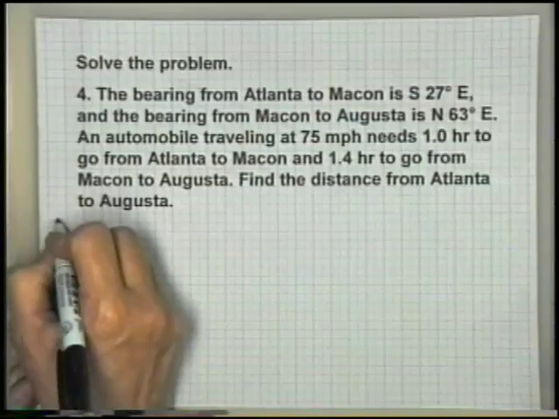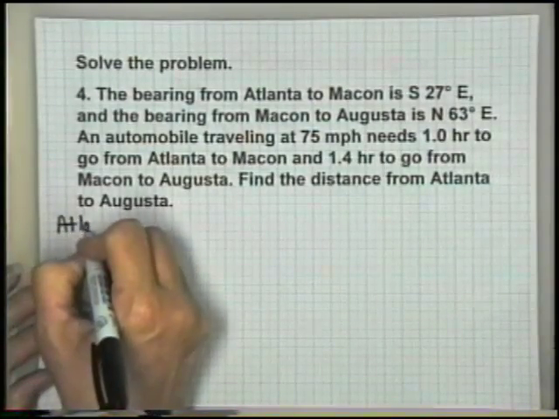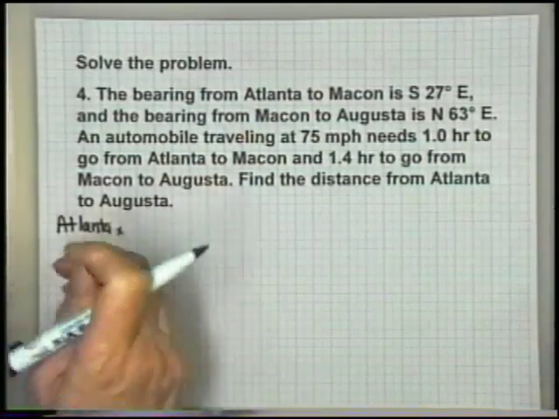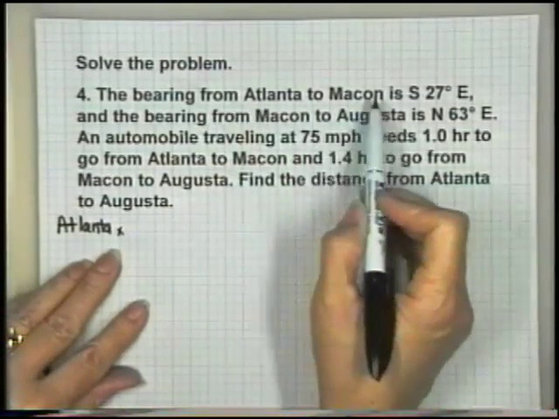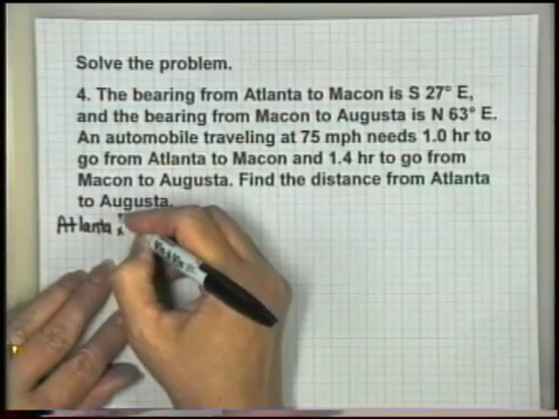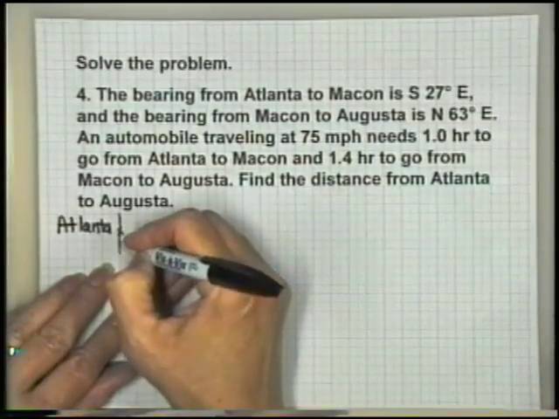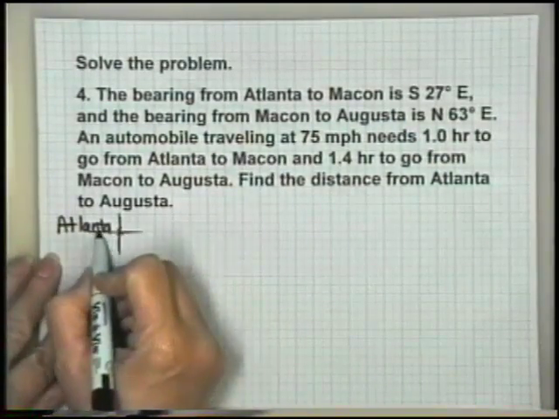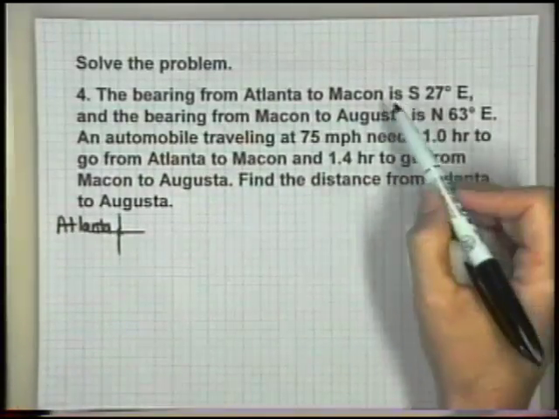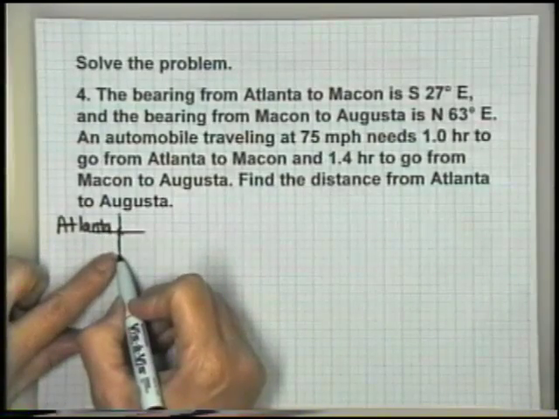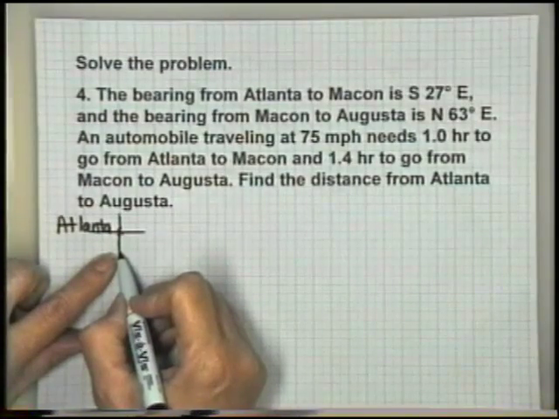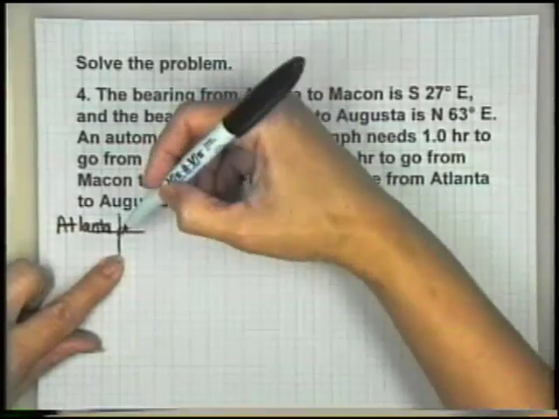I'm going to start off right here, and that's going to represent Atlanta. And so I'm going to first try to get a direction to Macon. So if it's from Atlanta to Macon, that means, and I like to sketch this north-south line to help me, says that Macon is south, so that would be this direction, 27 degrees east.